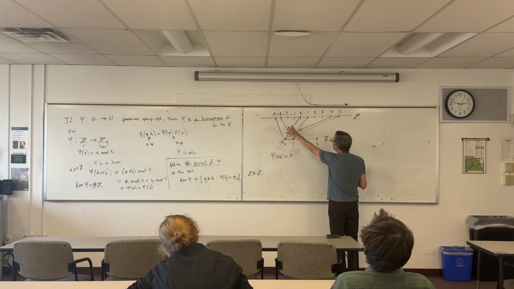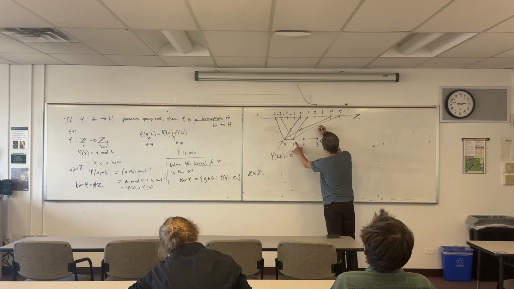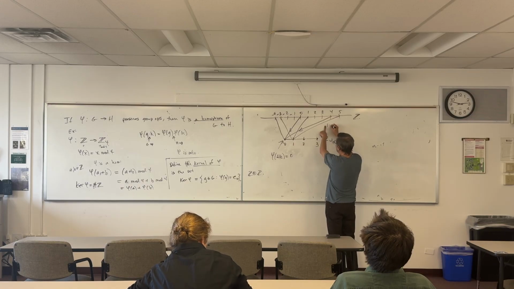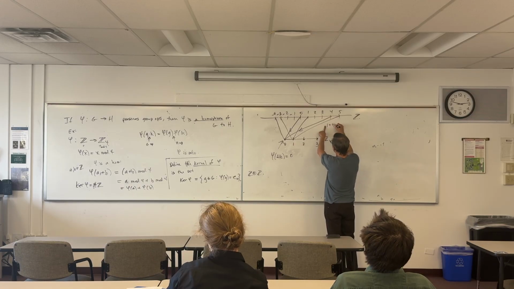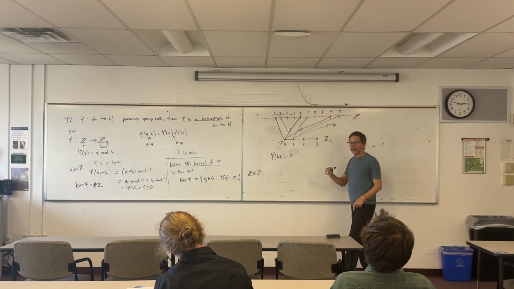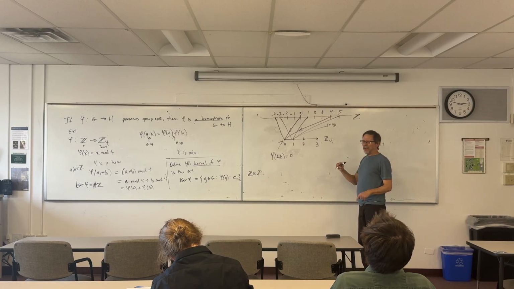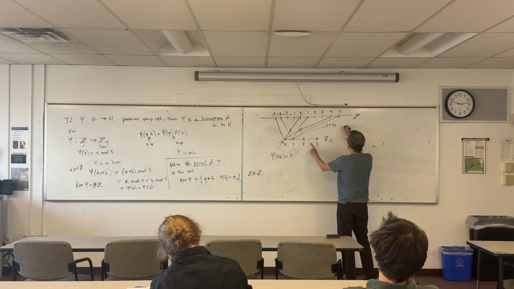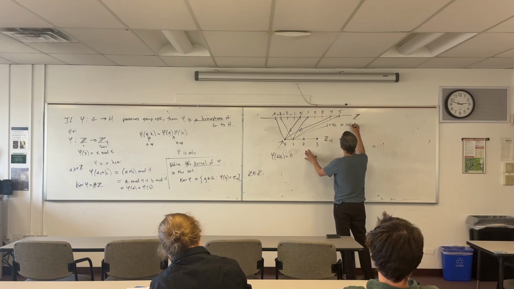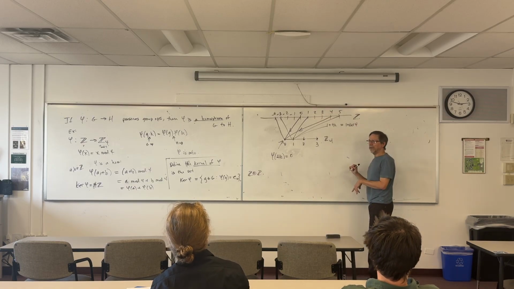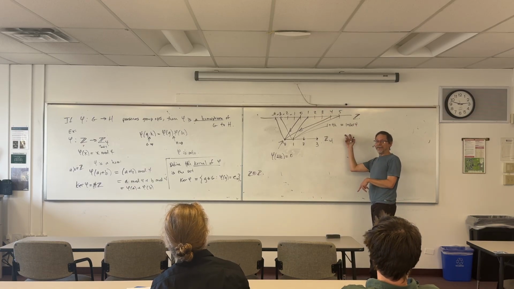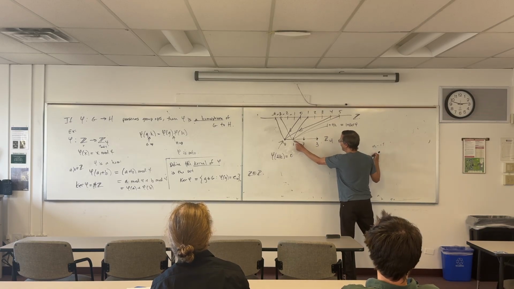Notice that what's getting sent to 1 is everything up here that is 1 plus 4k. Everything that got sent to 1 is of the form 1 plus the kernel of phi. That's a coset, right? Left coset. And that's the solution to everything that got sent to 1.